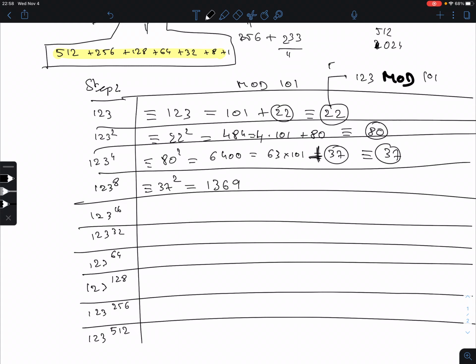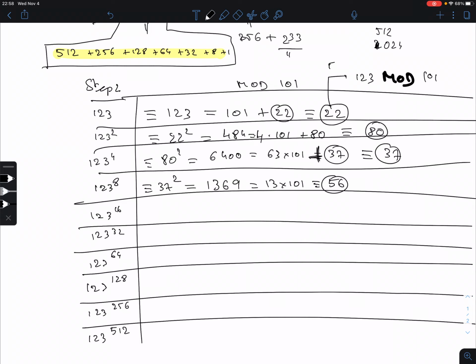So if I divide that by 101, I get 13, that is 13 times 101, which is 1313. And what is left then? 1369 minus 1313, that is 56.